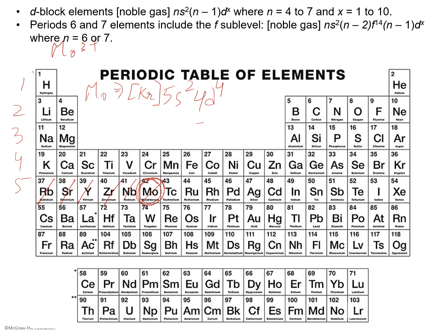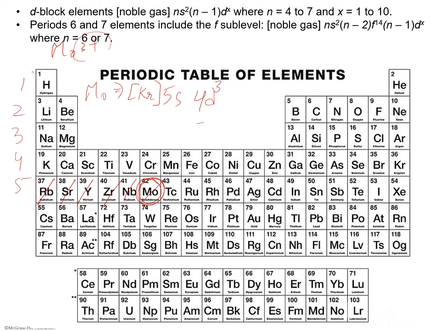That is molybdenum. But again, the question is not asking molybdenum, it's asking 3 plus, which means I have to take 3 electrons out from this atom. To take 3 electrons, remember we first take electrons out of s, so it's always going to be 2 electrons taken out from s. And I need one more, so I'll take off from d, which means instead of 4 now I'll have 3 electrons left here.